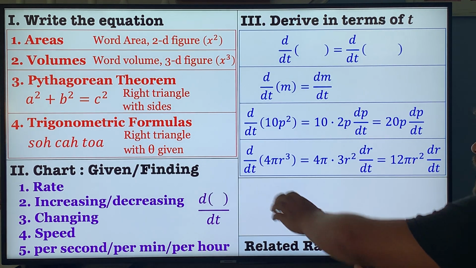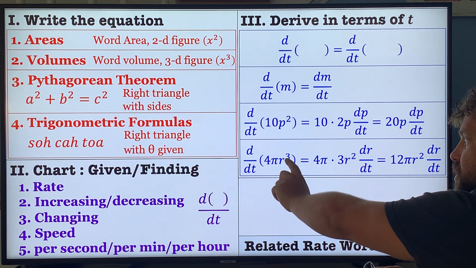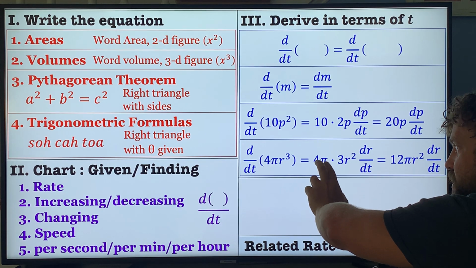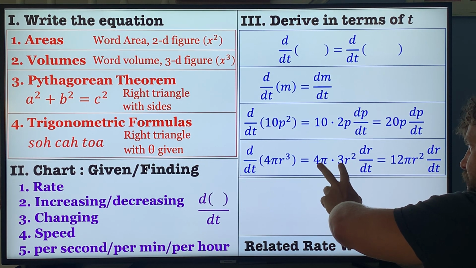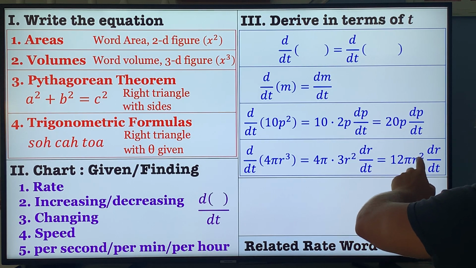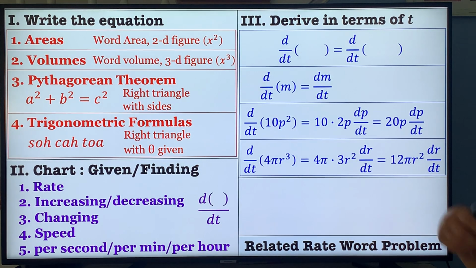If it has a pi involved, 4 pi r cubed, so the 4 pi is your constant, 3r squared dr dt, so then you multiply them in the end. 3 times 4 is 12 pi r squared dr dt. Okay, so you just derive it normally, and remember pi is a constant, it's not a variable, so you don't have to do any of the rules to it.